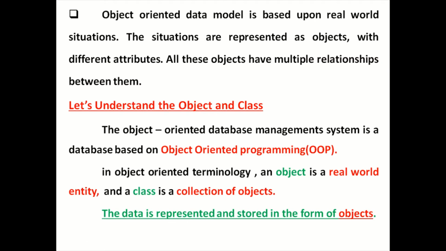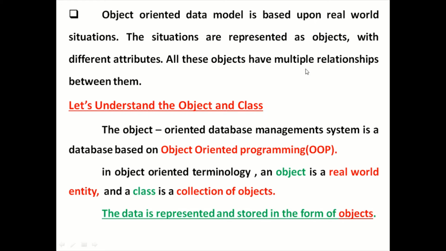The object-oriented data model is based upon real-world situations. The situations are represented as objects. Whatever situation you consider as a table, that situation is represented according to the object-oriented data model as an object with different attributes.